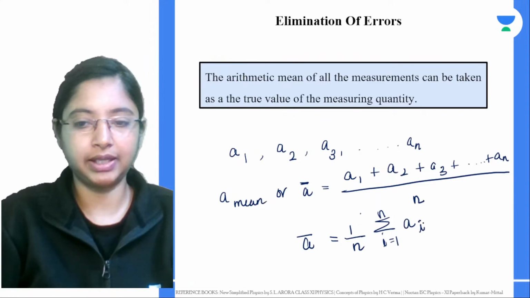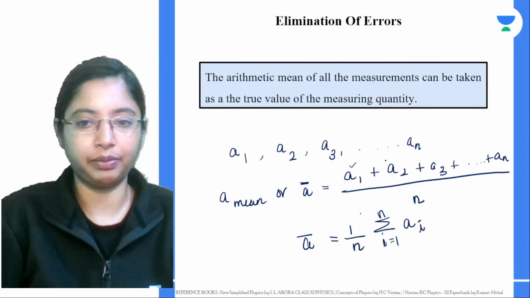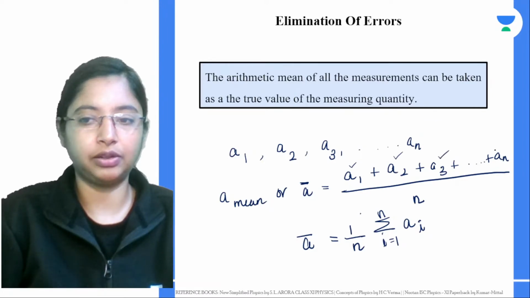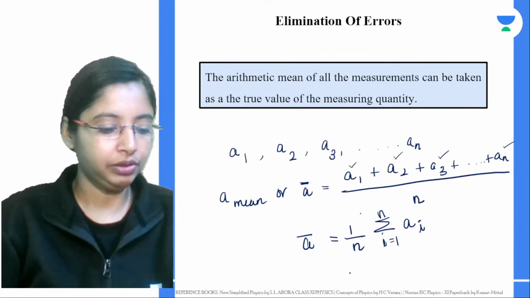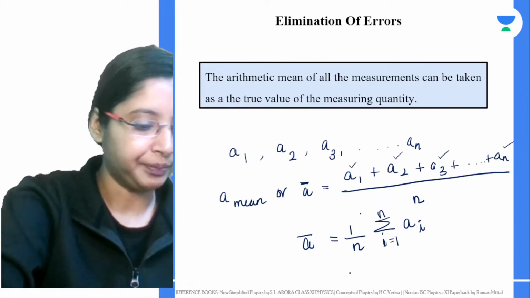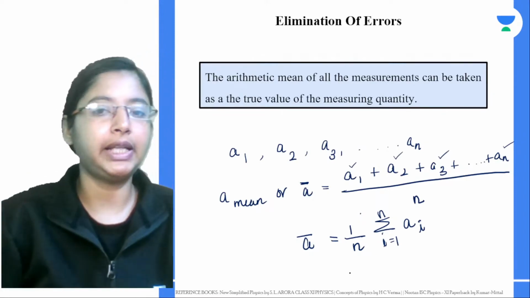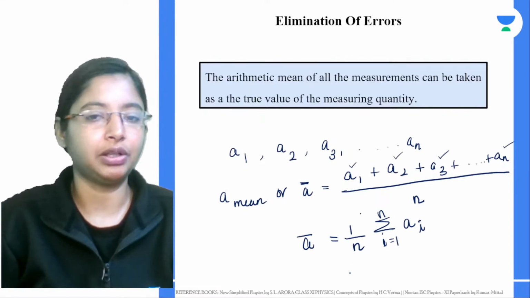So this Ai takes the value A1 when i is equal to 1, A2 when i is equal to 2, A3 when i is equal to 3, and that goes on up to An. So this is the basic equation for finding the arithmetic mean of all the measurements.